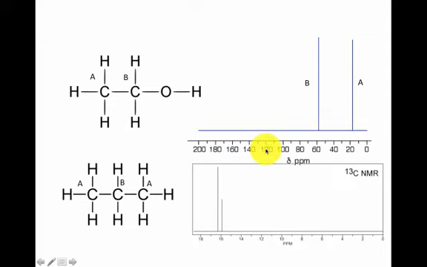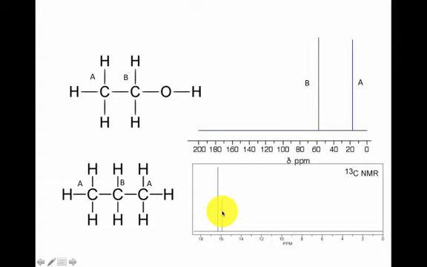It might look like these two are more downshifted, but the eagle-eyed among you will have noticed that the scale is different, and this is just 16, so this would be about here on this spectrum. So the oxygen on here has even made this carbon A shift downfield a little bit. You'll notice there are two peaks because there are two environments.